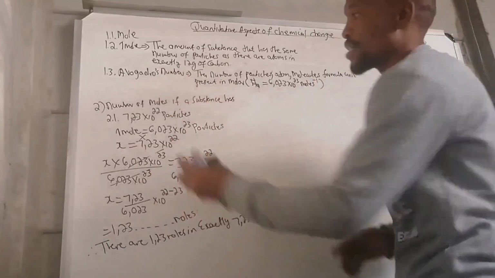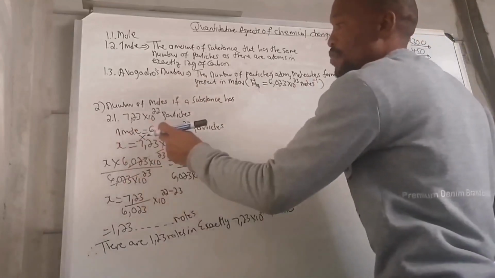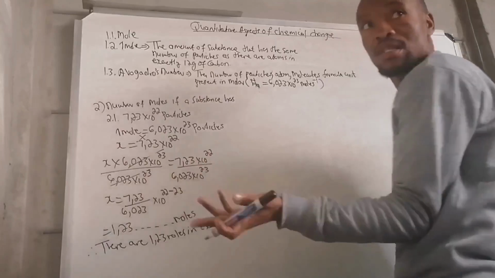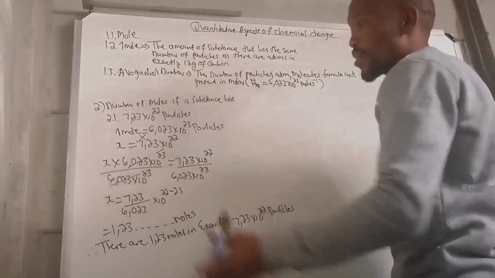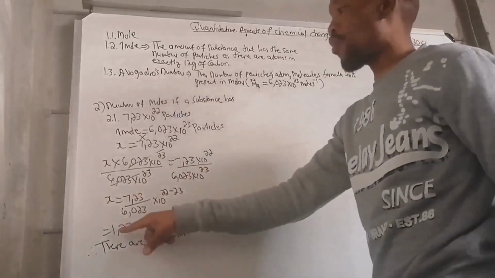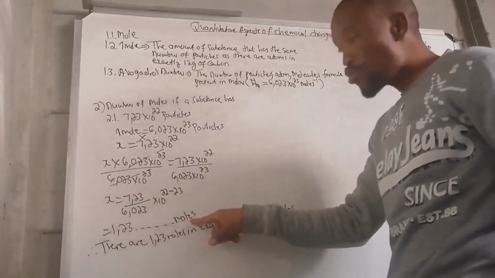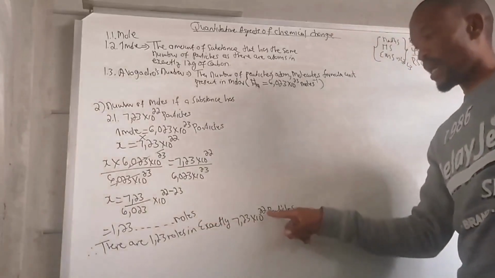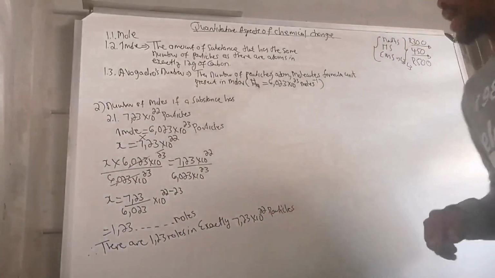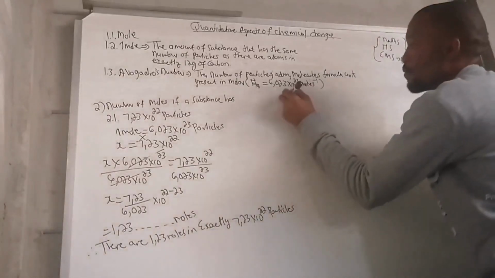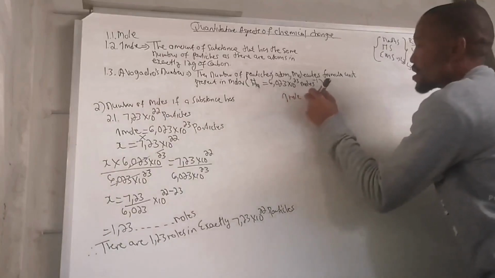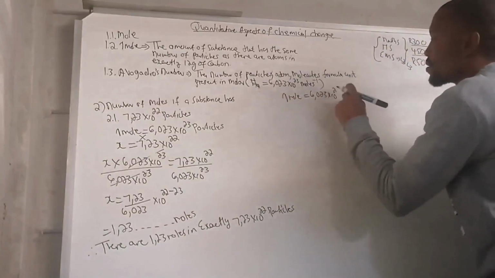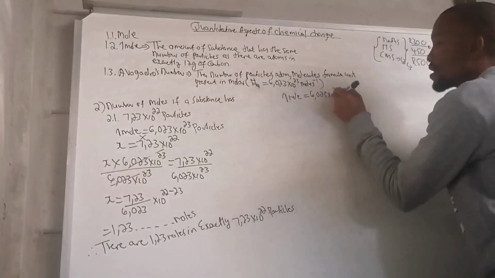When we do cross multiplication, x multiplied by 6.023 times 10 exponent 23 equals 7.23 times 10 exponent 22 multiplied by 1. There are 1.23 moles in exactly 7.23 times 10 exponent of 22 particles, since one mole has 6.023 times 10 exponent of 23 particles.